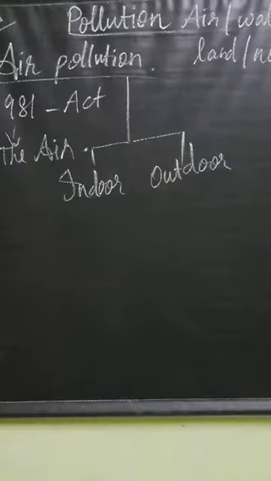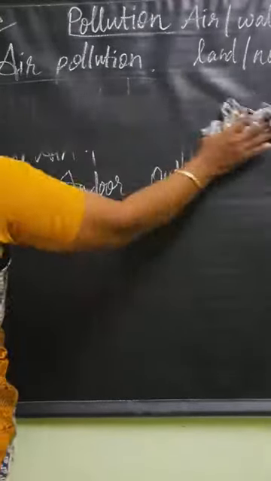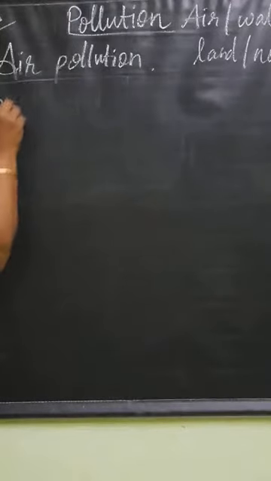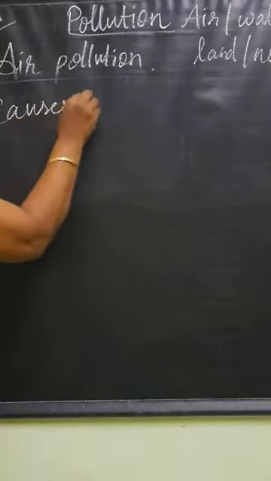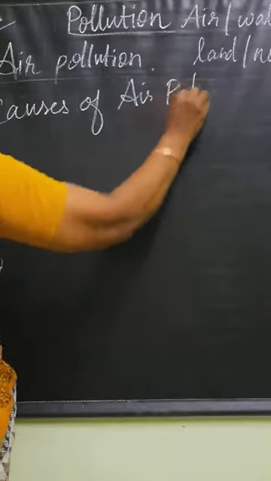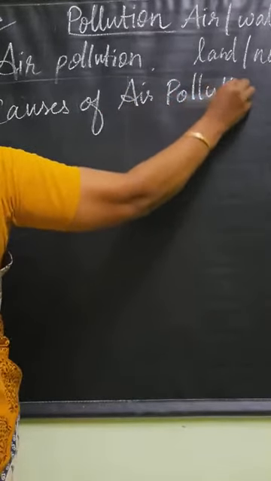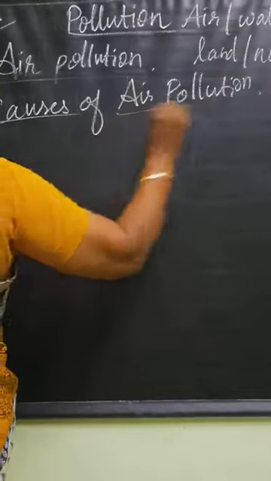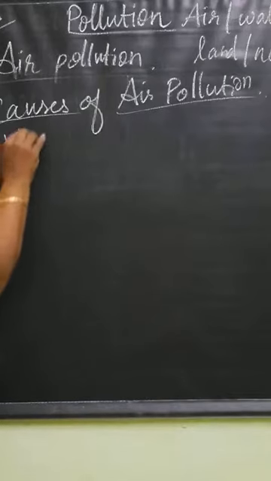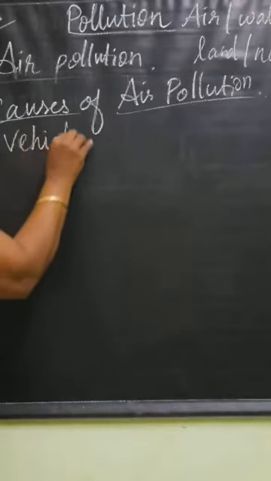What are the causes of air pollution? Why is air pollution caused? So now we are going to see the causes of air pollution. The first one is vehicles, isn't it?